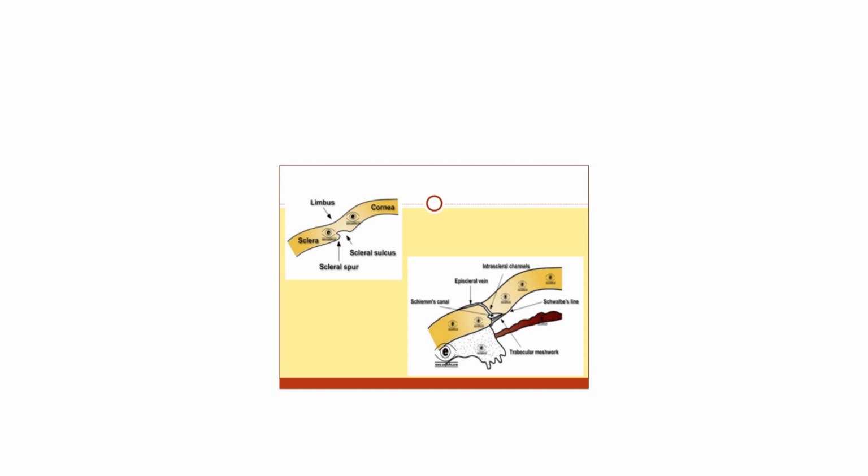So this is the importance of this sulcus, and you can see a projection of sclera on this scleral sulcus. This is called scleral spur. This is again a cross section, but if you imagine it three-dimensionally, it is a ring-like projection through the 360 degrees on the scleral sulcus.